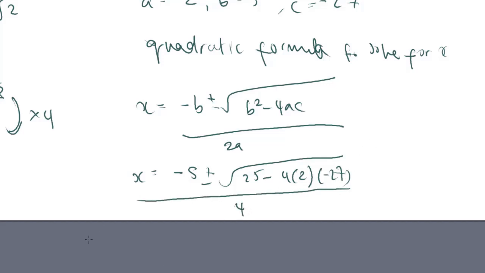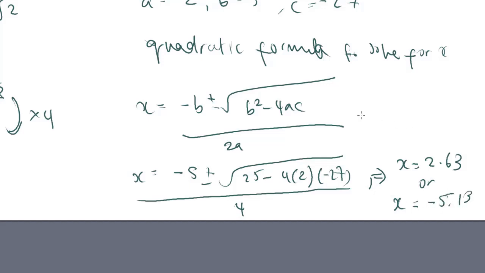And then if we put this all into a calculator, this will give us x equals 2.63 or x equals minus 5.13.